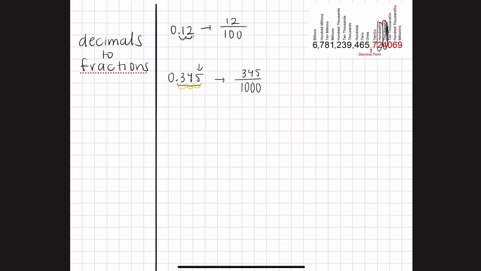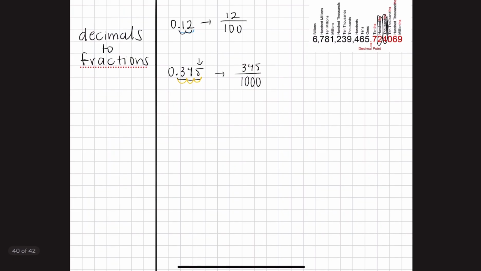Cool. This can also apply even if there's only one digit after the decimal, like 0.8. We take the digit after the decimal, which is 8, and put that as my numerator. My denominator will start with 1, and we'll have only one 0. So that's 8 tenths. Cool. And just to make sure everything is clear, let's say I have 4.56.